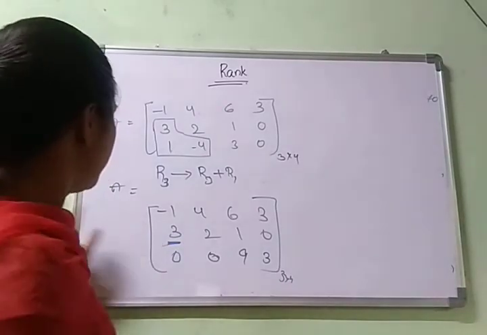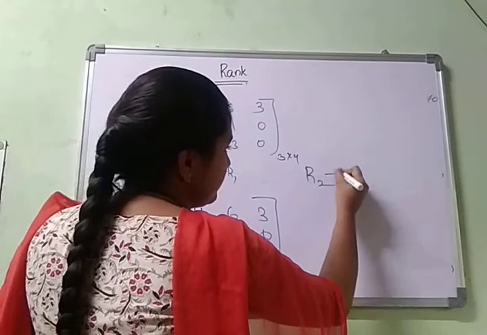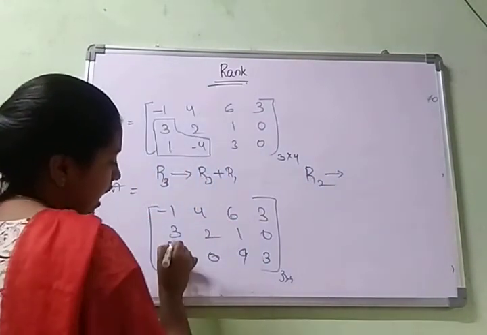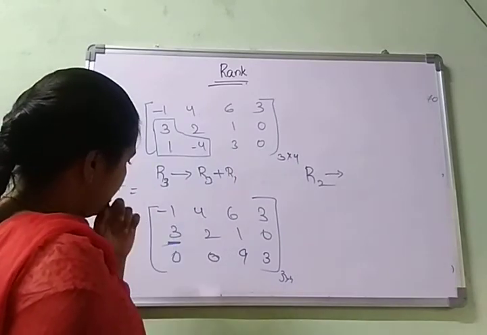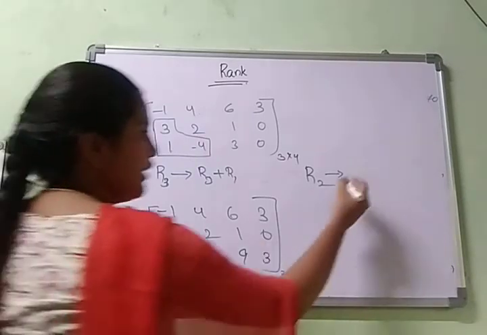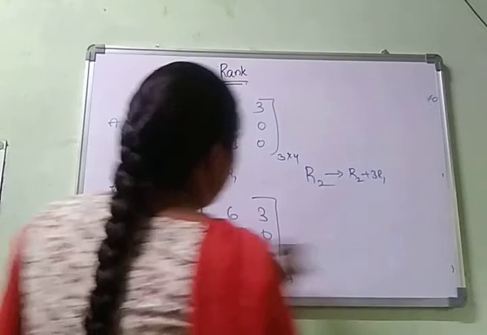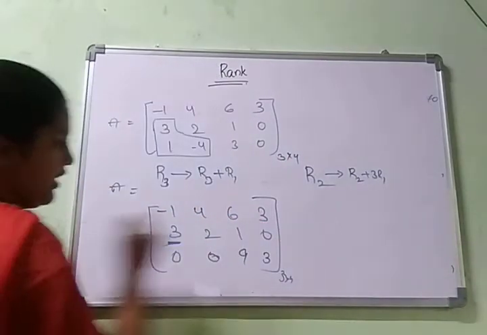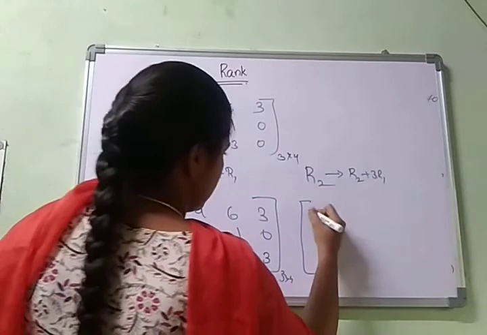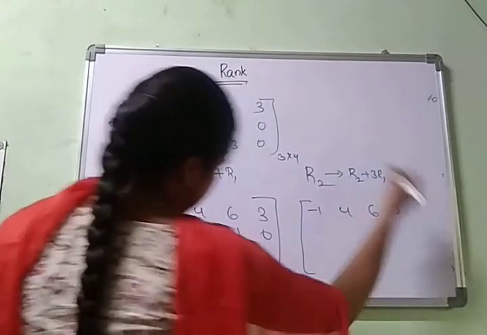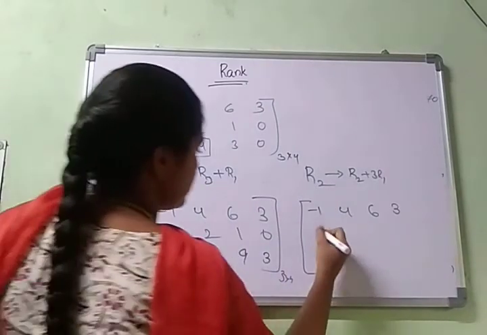For that we need to do R2 implies row 2 plus 3R1, so we get the matrix. Row 1 is as it is, minus 1 4 6 3. Here R2 plus 3R1, so 3 minus 3 is 0.